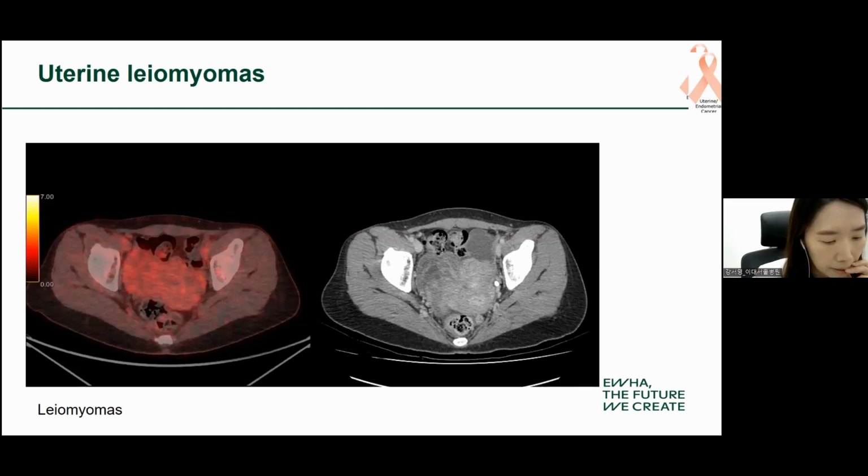Menstrual cycle, I'm not sure, because physiologic uptake by the menstrual cycle is highly related to endometrial activation, but adenomyosis or leiomyoma is not confined to the endometrium, it is part of the myometrium. So I think it is not related to the menstrual cycle. Okay, thank you very much, Dr. Kang. Thank you.